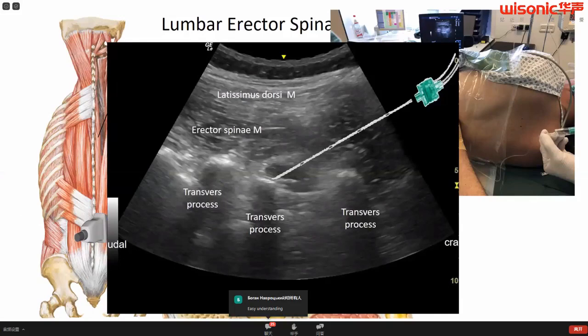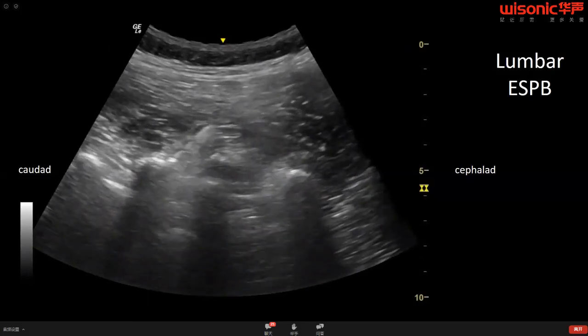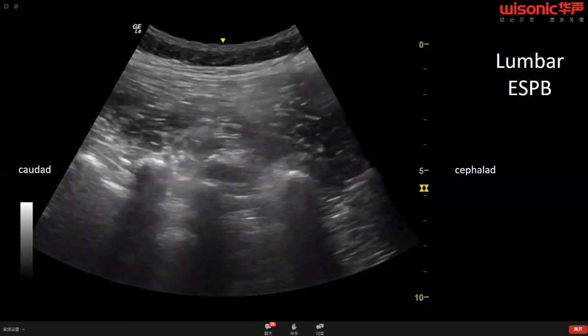It's the same position of the probe that you also use for the lumbar plexus block when you do the so-called trident technique. You can see here the transverse processes, and the needle is advanced through the latissimus dorsi muscle and the erector spinae. This is the video of a lumbar erector spinae plane block.